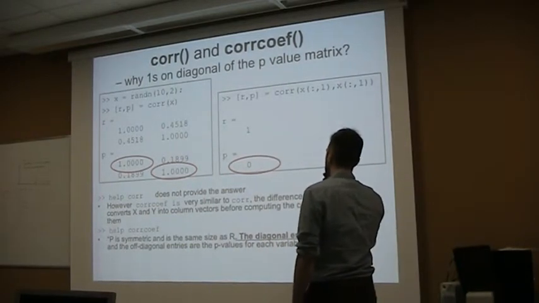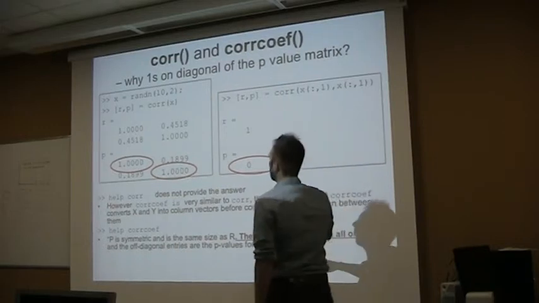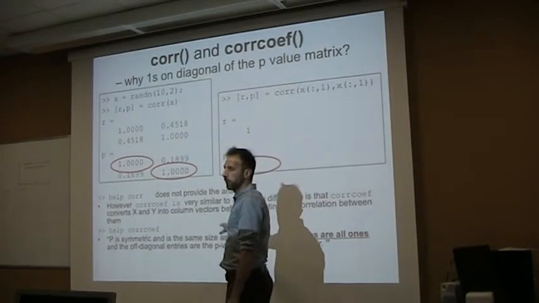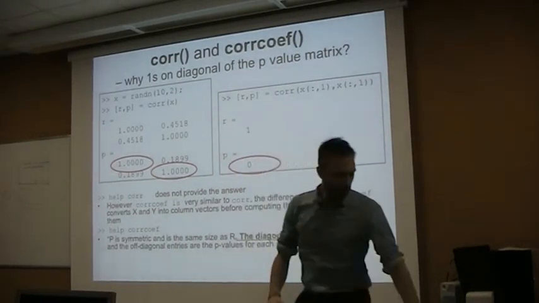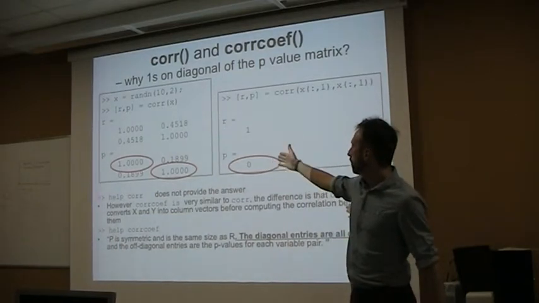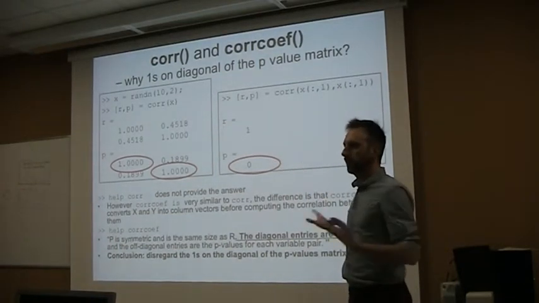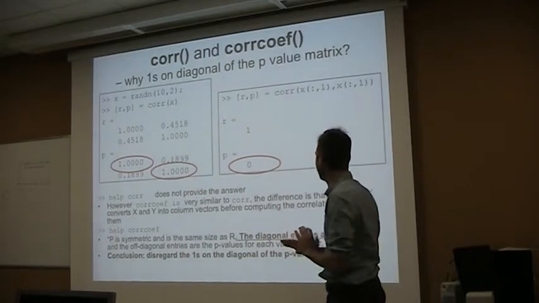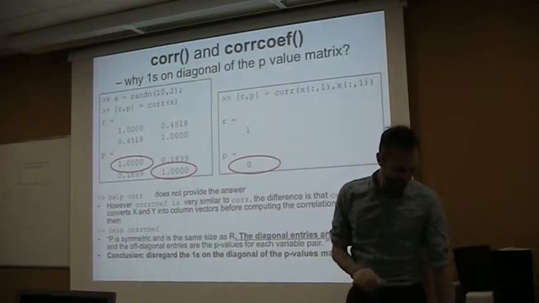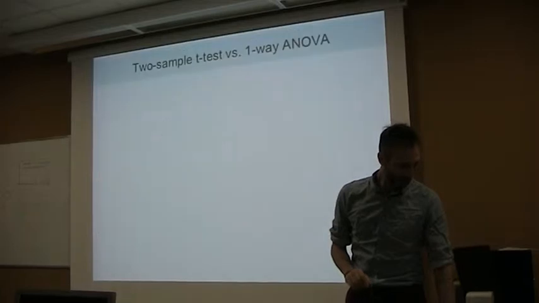And the off-diagonal entries are the p-values for each variable pair. I also looked it up on the internet, there are several people with the same question. And the conclusion is basically, it should be zeros or NaNs, just disregard the diagonal ones. So that's the response to that.